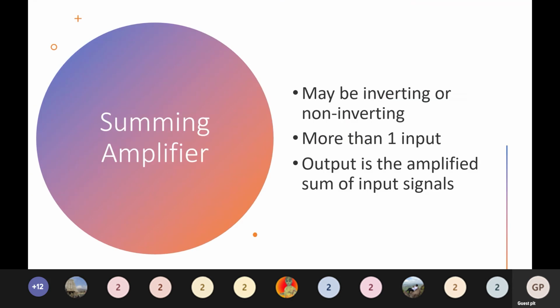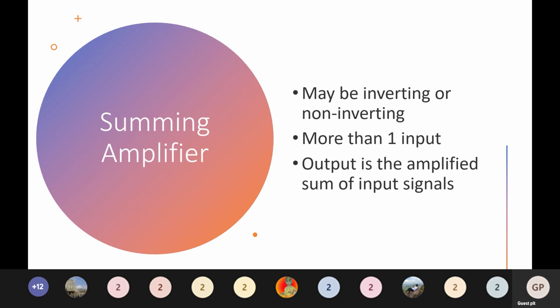Okay, summing amplifier. So what is the summing amplifier? It's an amplifier which is going to sum the inputs. That is, we are going to find the sum of the input signals given to the circuit. So for the summing amplifier, we have two types: inverting summing amplifier and non-inverting summing amplifier.